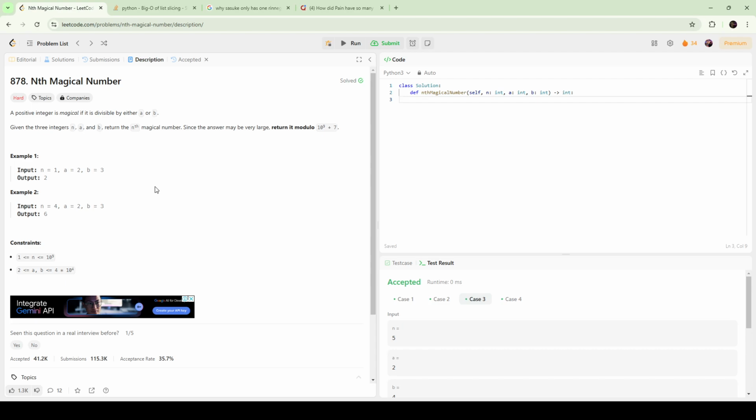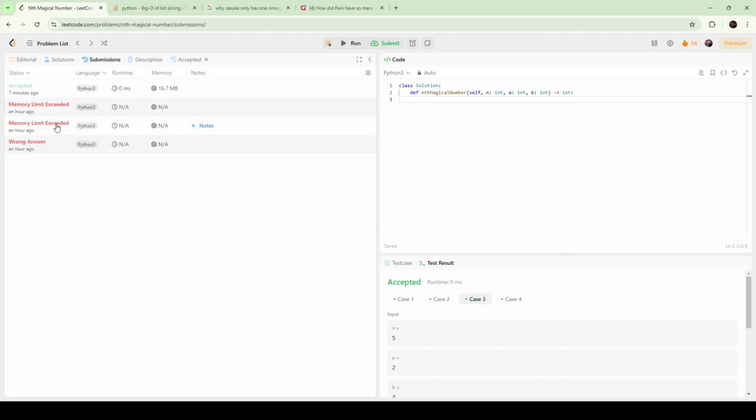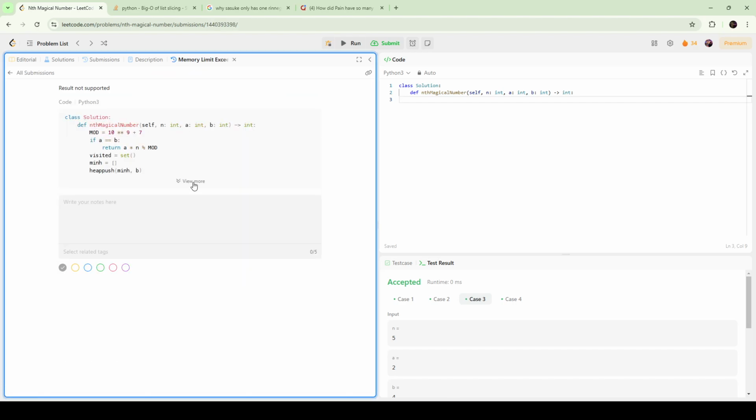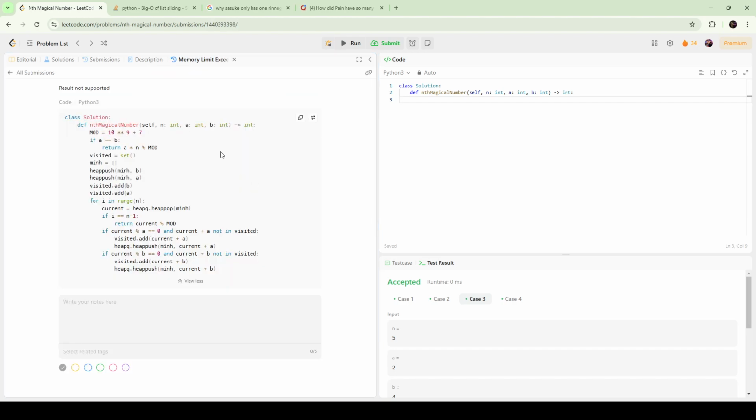And vice versa. So the first thing that came to my mind was actually using a heap. As you can see here, I use a heap, and it causes a memory limit exceeded, since I'm pushing a lot of numbers into our min heap.